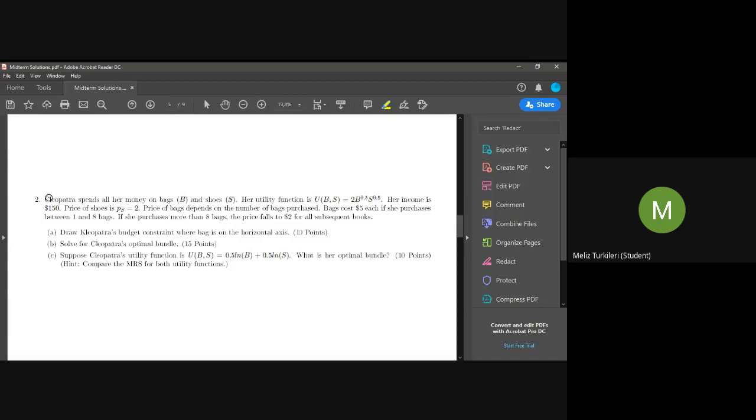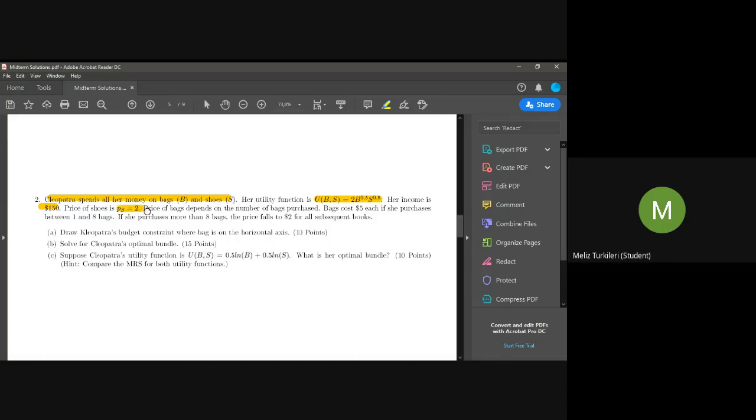Cleopatra spends all her money on bags and shoes. And we know that her utility function is equal to this amount. We know that her income is equal to $150. And we know that the price of shoes is equal to 2.